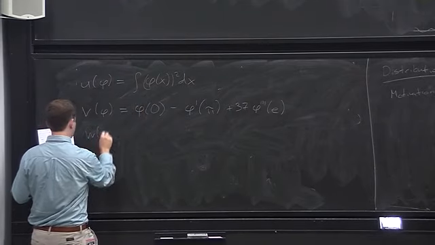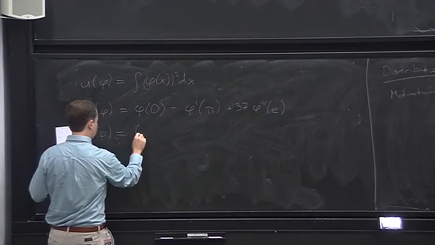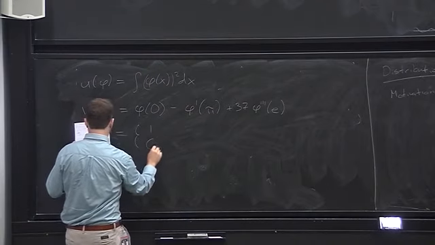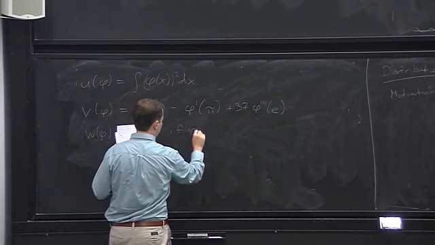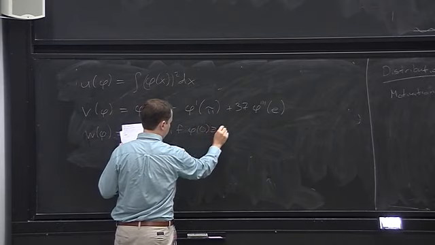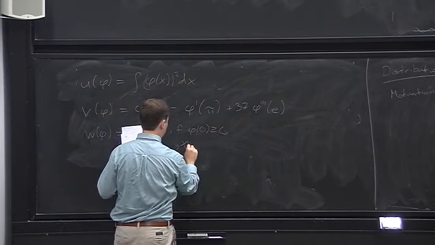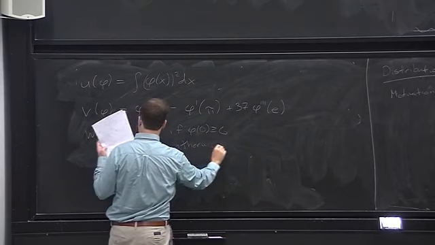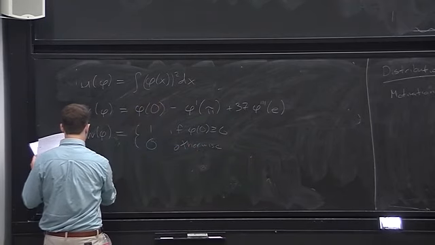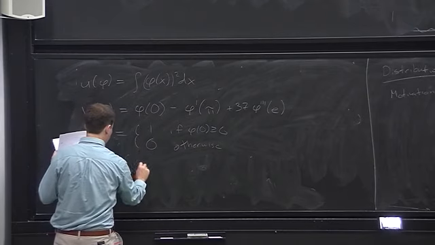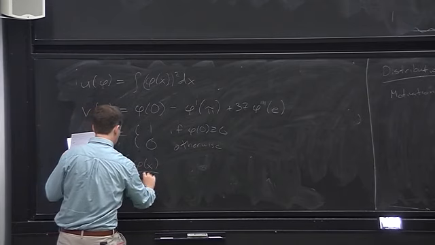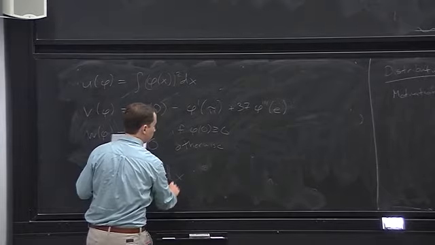W will be 1 if phi of 0 is positive, or 0 otherwise. And T can be the integral of phi of x times x squared dx.